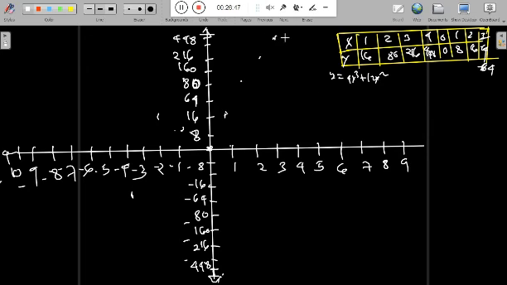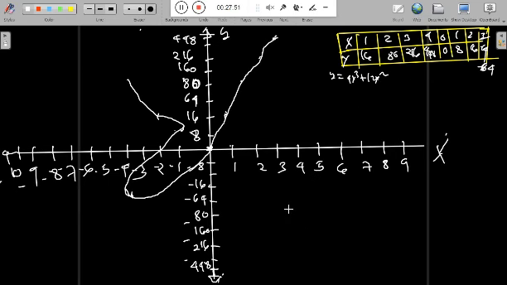So the graph will resemble going through these middle points, as you can observe. So our graph will appear in this shape over here.